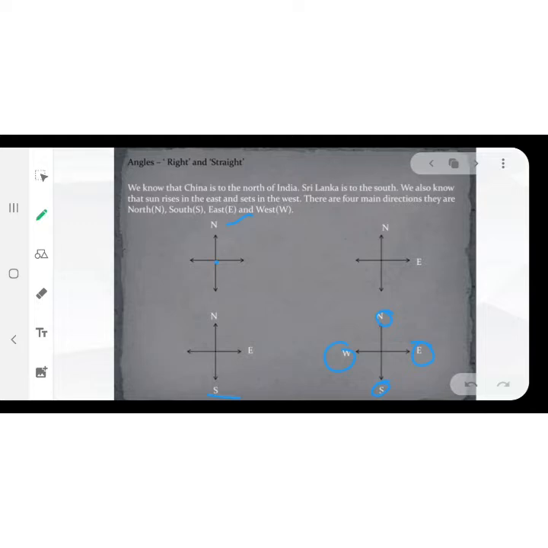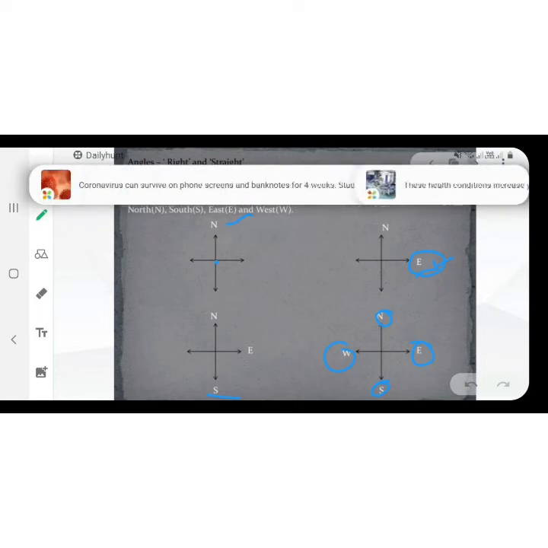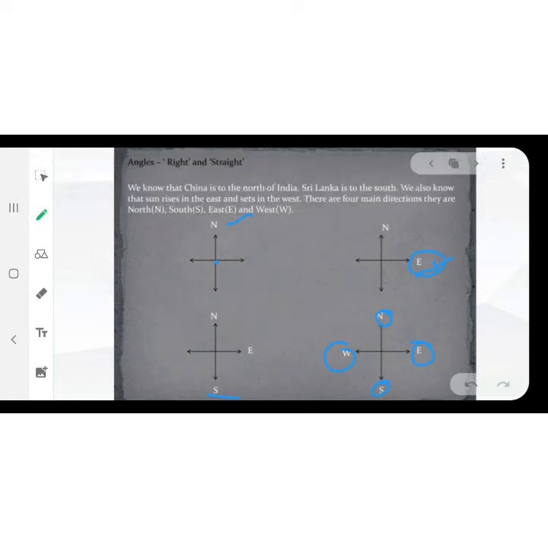We also know that the sun rises in the east. The eastern states you may know are Arunachal Pradesh, Assam. So here is the east direction where the sun rises. That's why sun rays reach first into these eastern states, and then it sets in the west direction where we are living.